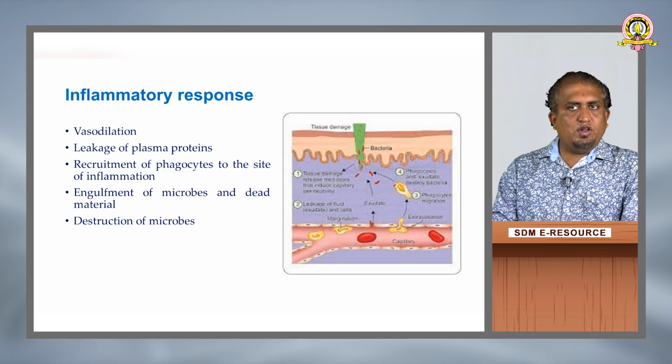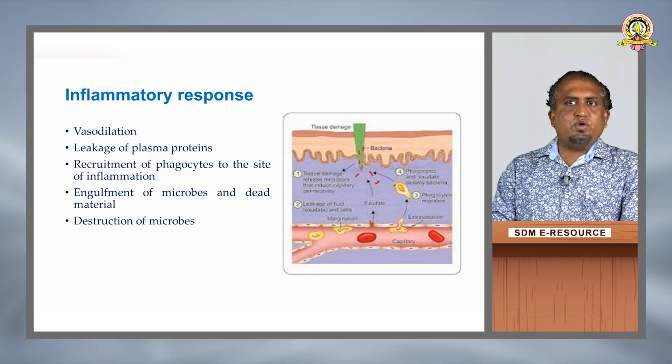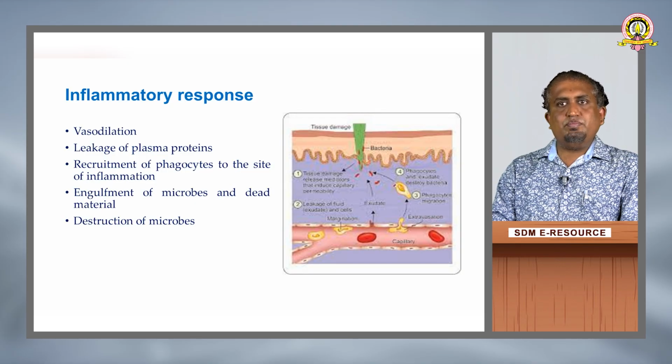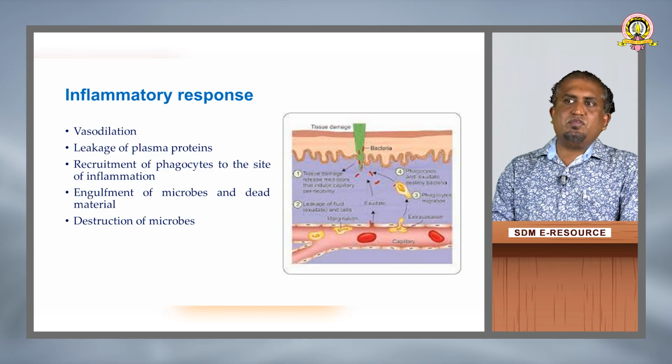So, next one is the inflammatory response, where you can see in the picture the bacteria entering inside the skin, and vasodilatation taking place, and the leakage of the plasma proteins, which leads to recruitment of the phagocytes to the site of the inflammation.